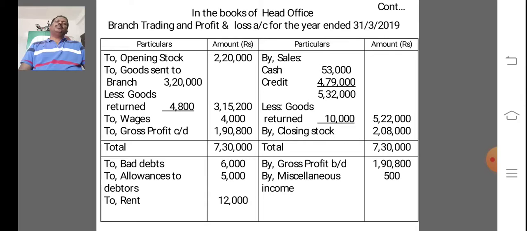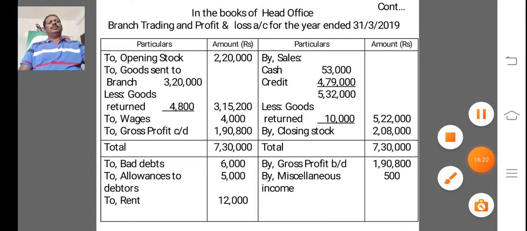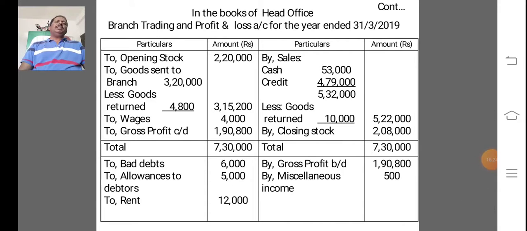Next we prepare the branch trading and profit and loss account for the year ended 31/3/2020 in the books of head office. We debit the opening stock 2,20,000, debit goods sent to branch 3,20,000 less goods returned 4,800, and 3,15,200 is the answer.